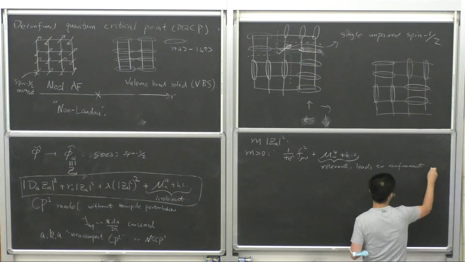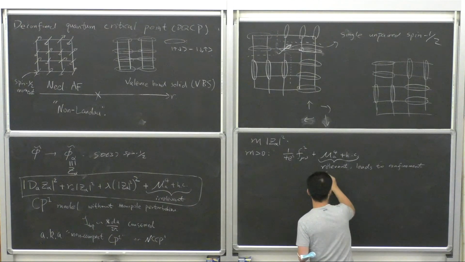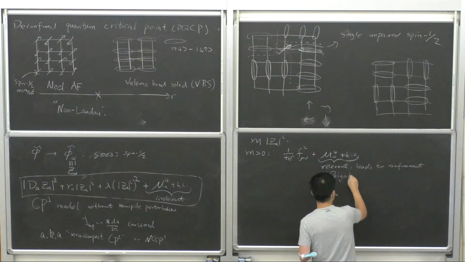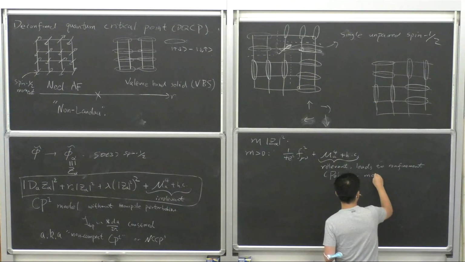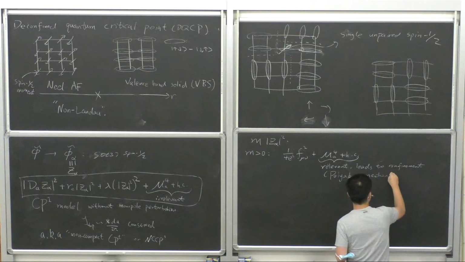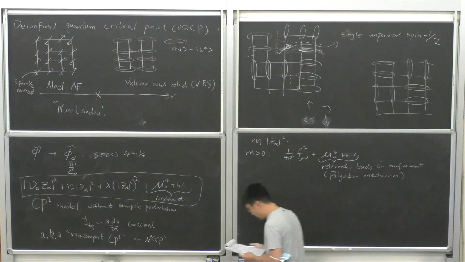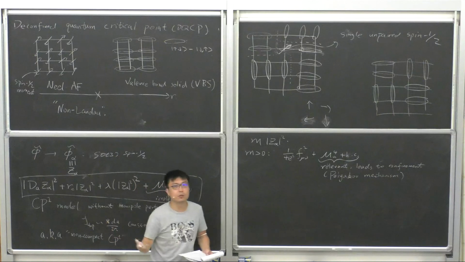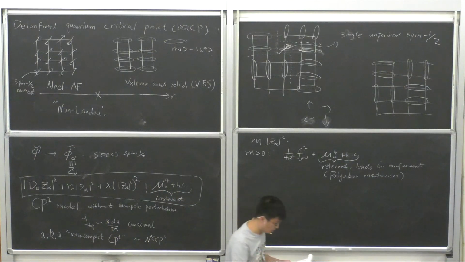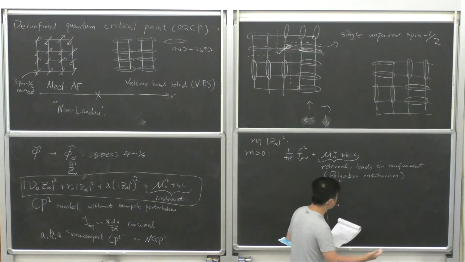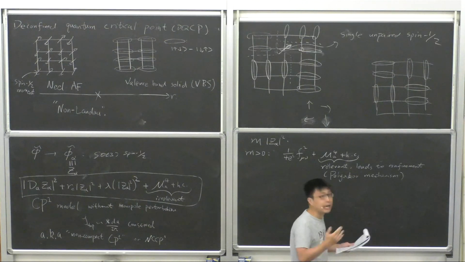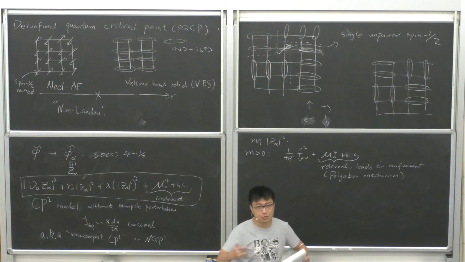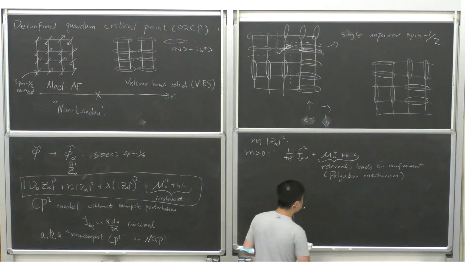This is the famous Polyakov mechanism. In fact, to see that this monopole leads to a gap of this U1 gauge field, you don't need fancy arguments from Polyakov.